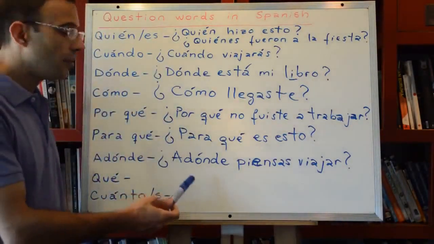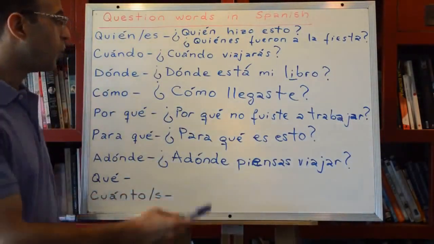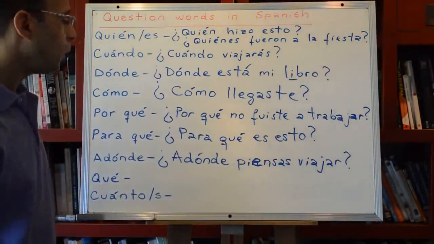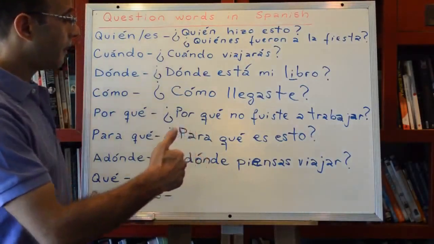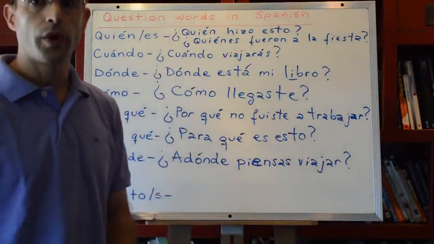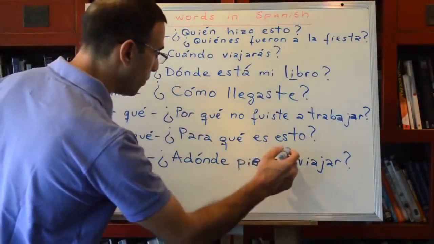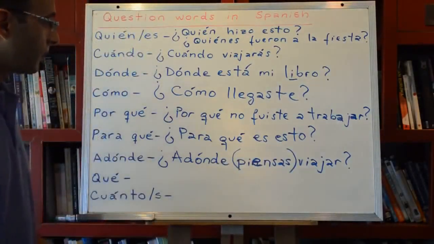So, a dónde is where to, or to where, right? So, where are you planning to travel to? Okay? We can also simply ask, ¿a dónde viajarás? Where are you going to travel to? Actually, we can omit this and the sentence is still okay.